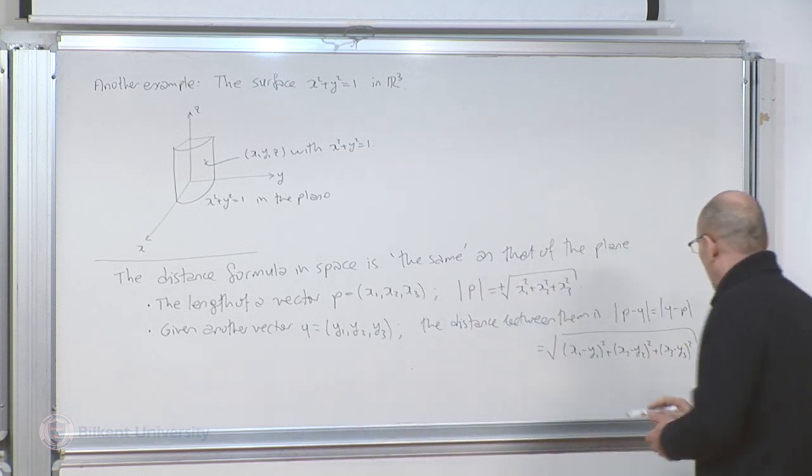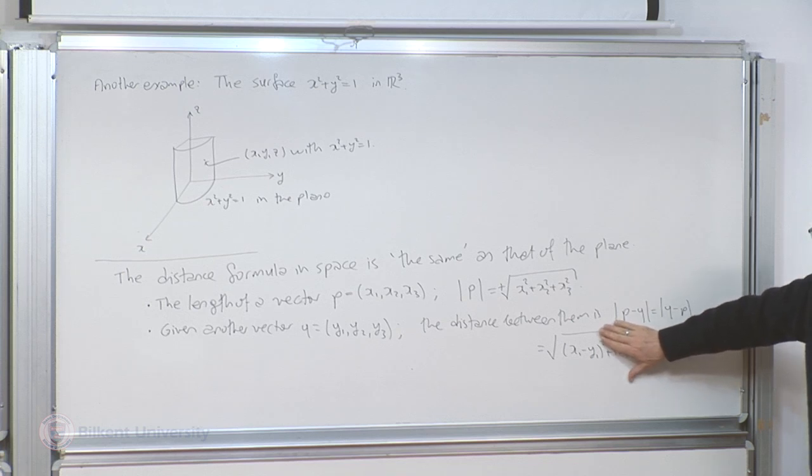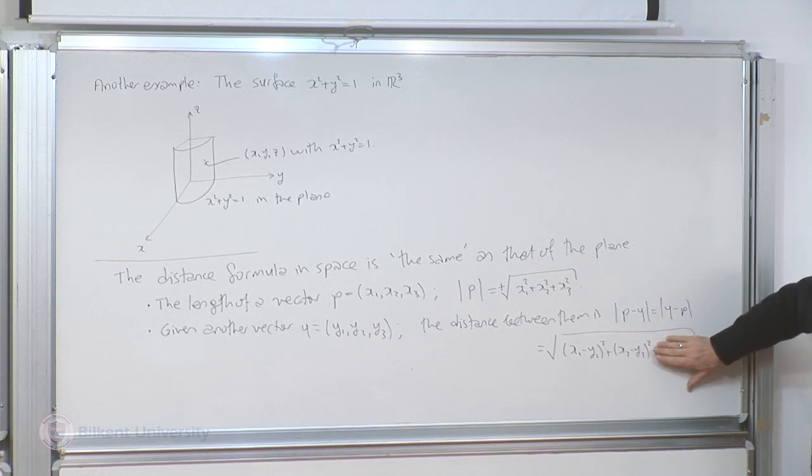So this is the same thing. You see, in one dimension, this square root of a square is just the absolute value of what you see there. So the absolute value of x1 minus y1 is the distance between the points x1 and y1. In two dimensions, we have this, and this follows from Pythagoras' theorem.